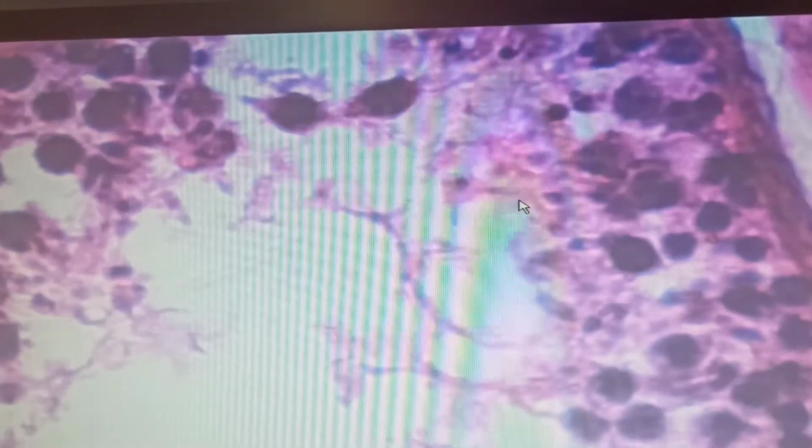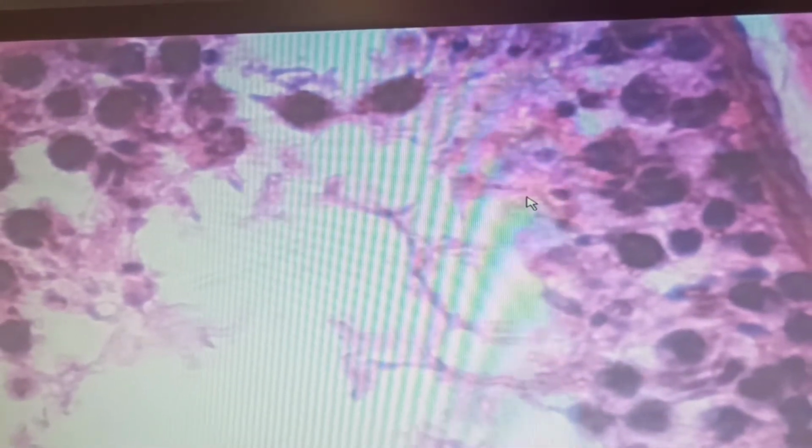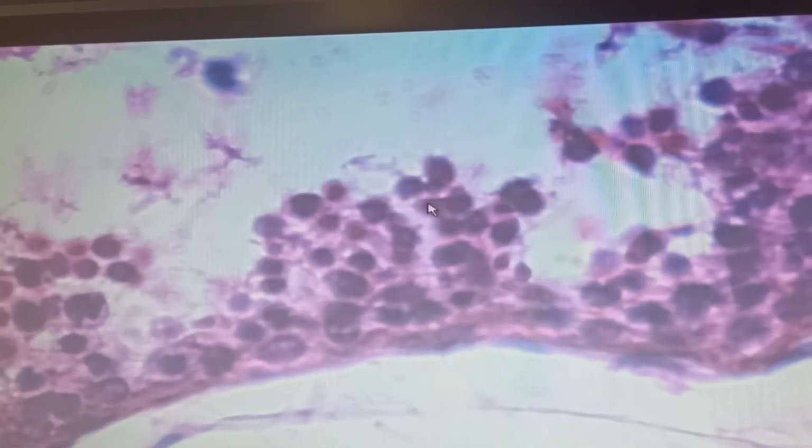Near the lumen, the size of the nuclei decreases. For example, these cells. These are the early spermatids near the lumen.